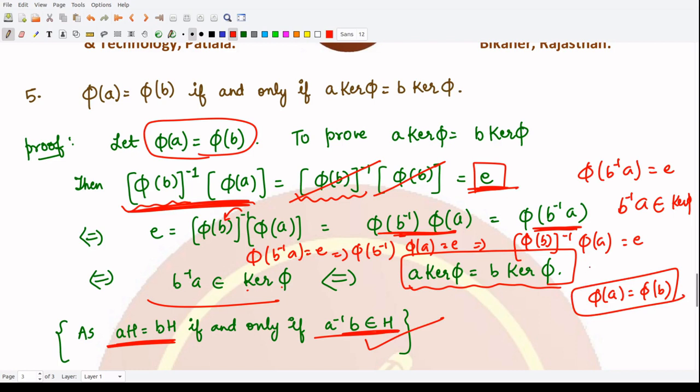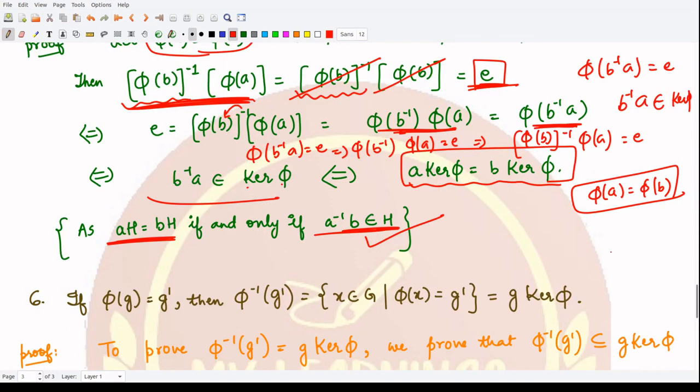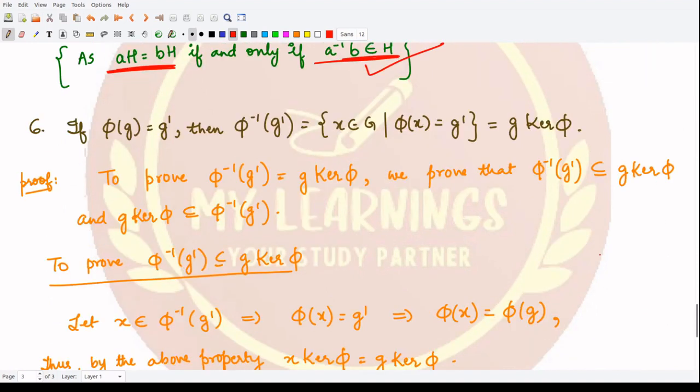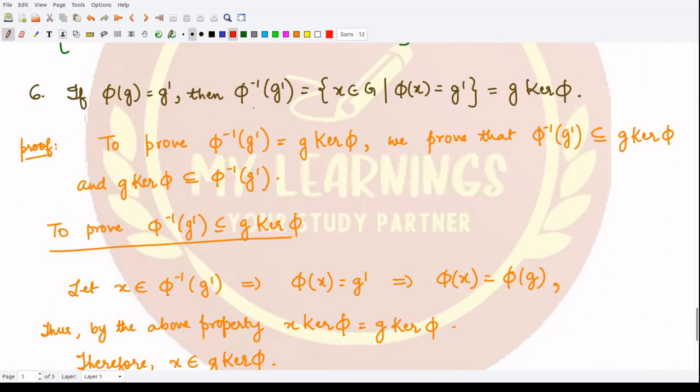Moving forward on to our sixth property, the last property for this theorem, we have if phi of G is equal to G dash, this is given to us, then we have to prove that phi inverse G dash is equal to G kernel phi. Now what is this set? It consists of all the members x from the group capital G such that phi of x is equal to G dash.